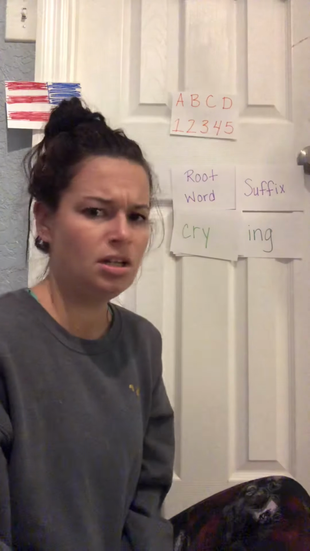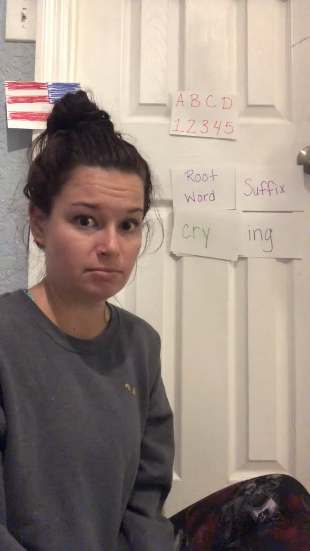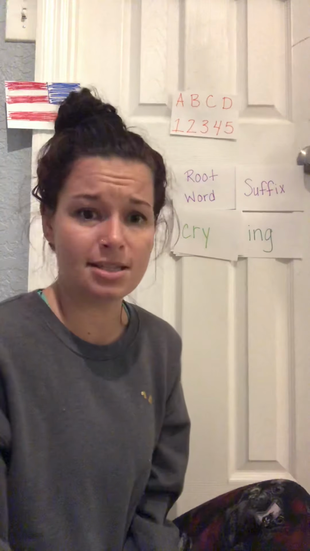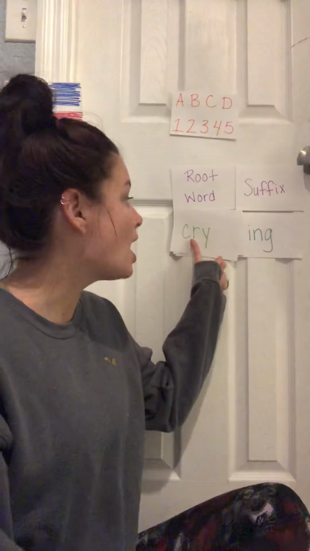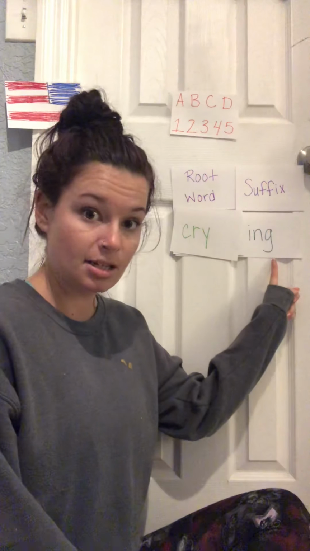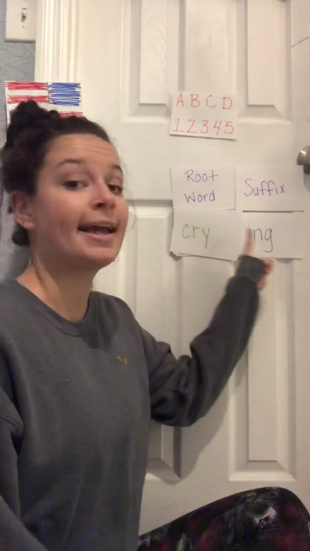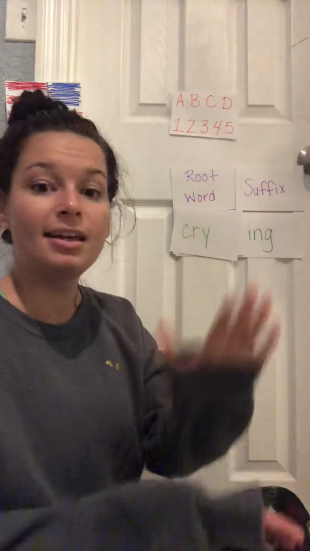No. When my student fell, they started crying. Not when my student fell, they started cry. That doesn't make sense. Ing is the suffix, but now it's crying. You can break it up: cry-ing.